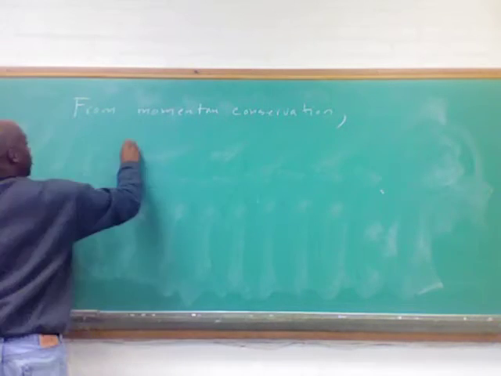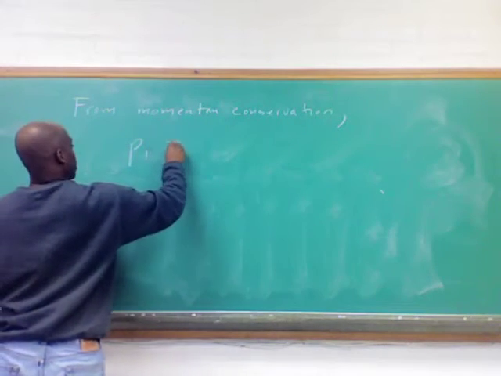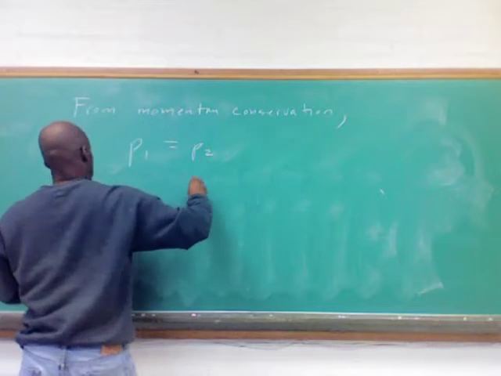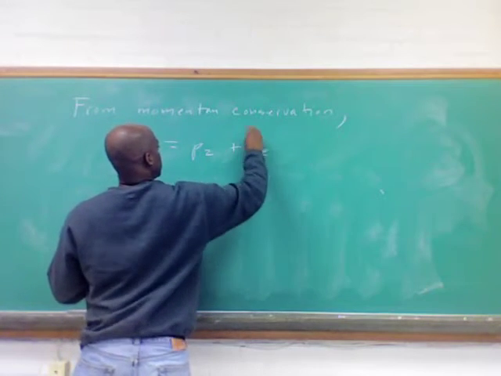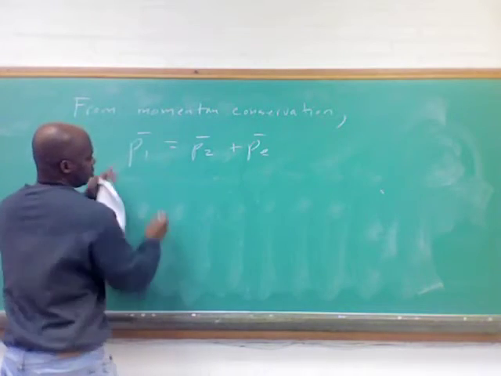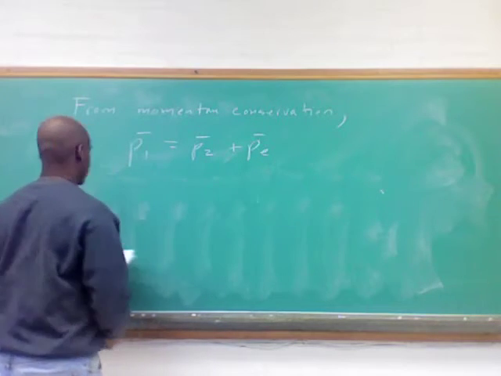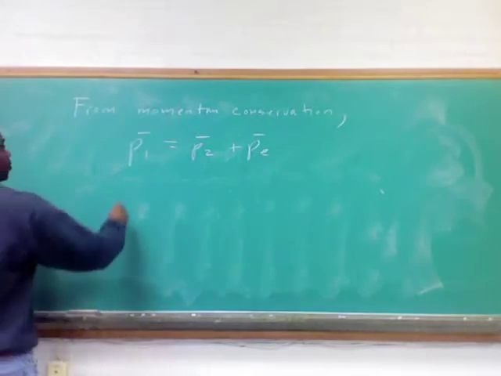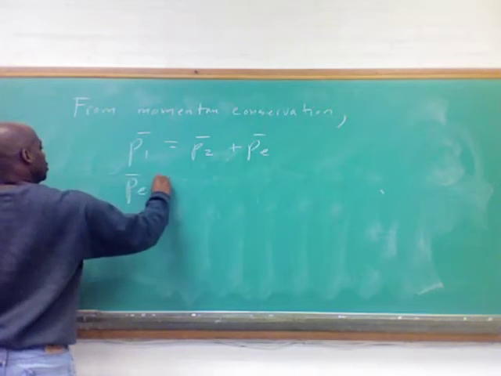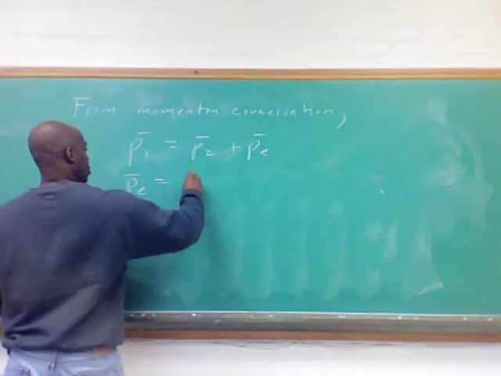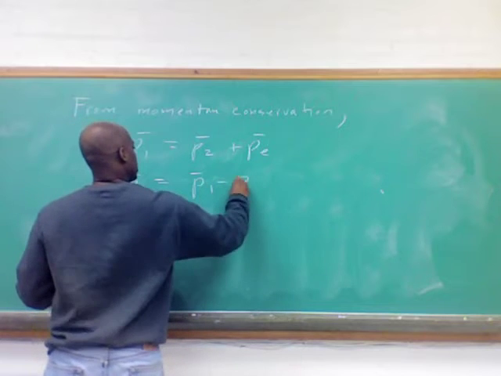We've got that P1 is equal to P2 plus the momentum of the electron. So this was before, and this is after the collision. Or we've got that PE was equal to P1 minus P2.